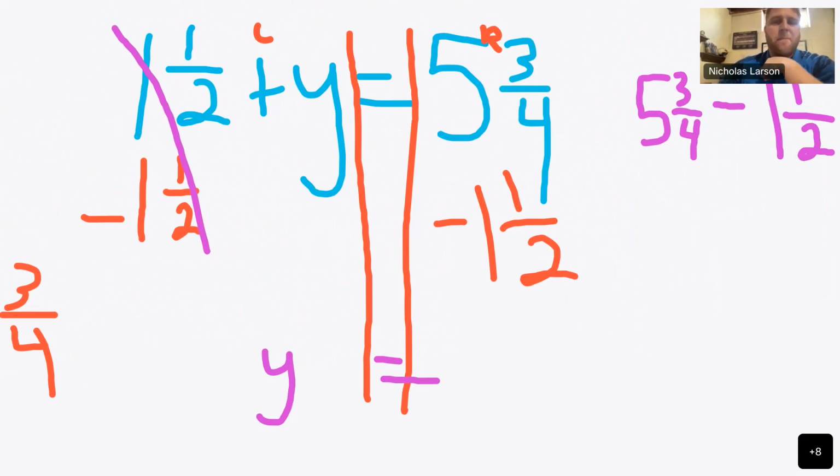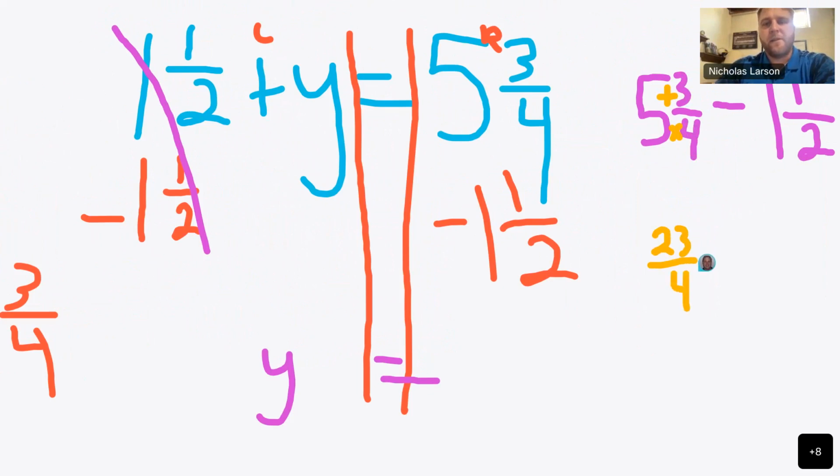It's an improper fraction if the top, which we call the numerator, is greater than the denominator on the bottom. So what we need to do is multiply by our denominator and add our numerator. So 5 times 4 is 20. 20 plus 3 is 23 over 4.